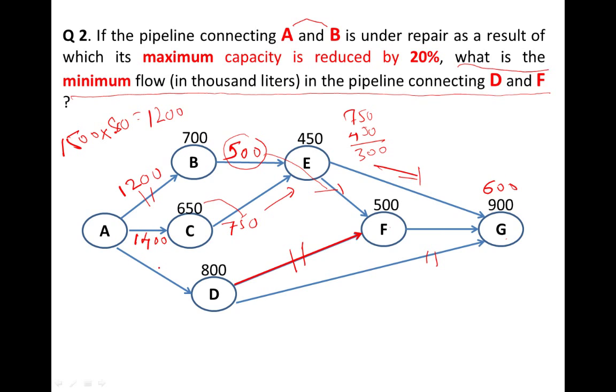The maximum capacity is 1500, but the maximum amount which can flow from here is 750. So 750 plus 800 comes to 1550. That indicates that this pipeline can take 1500 flow. Okay, let's erase this.